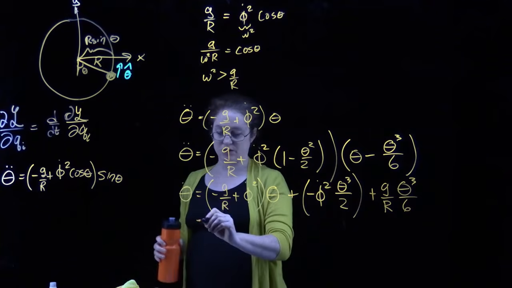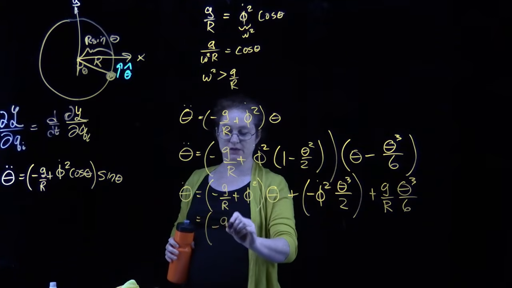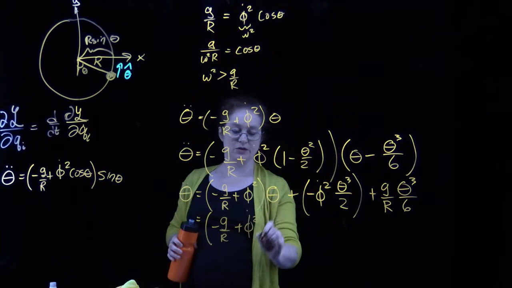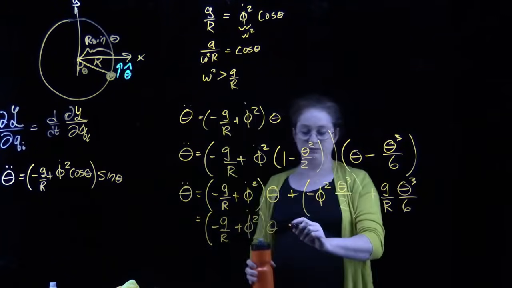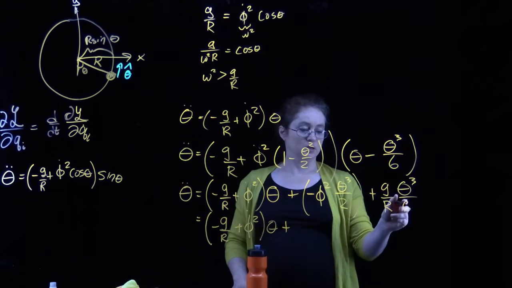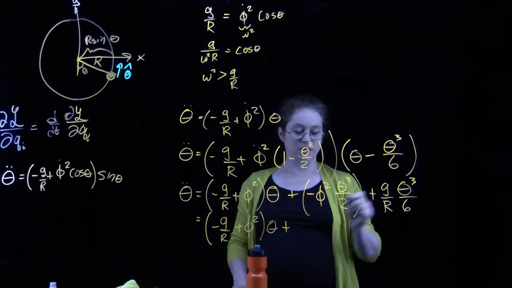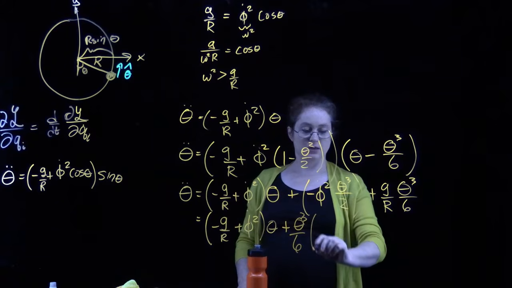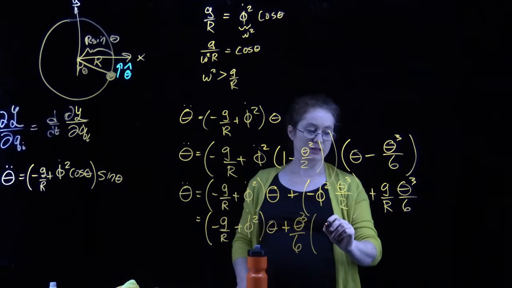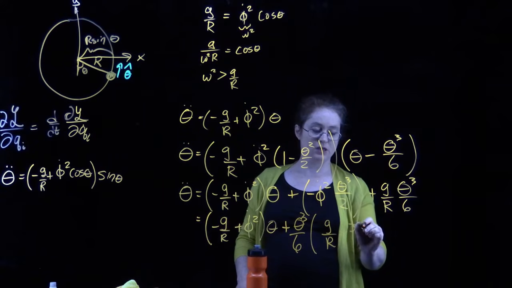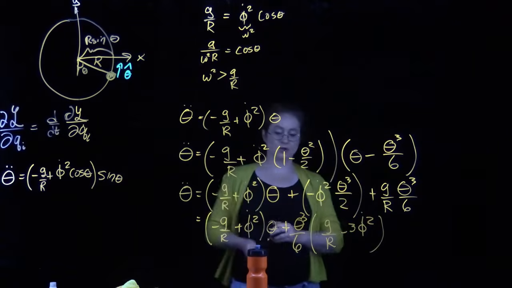So our next highest term is negative g over r plus phi dot squared, times theta, plus, I'm going to pull out a theta cubed over 6, and that leaves me with g over r minus 3 phi dot squared.